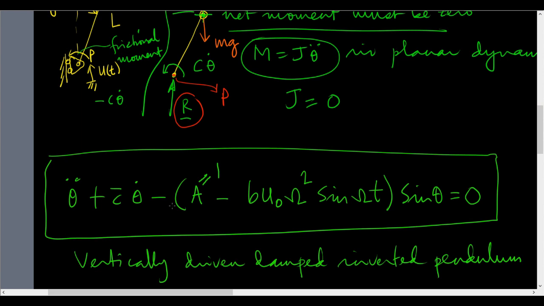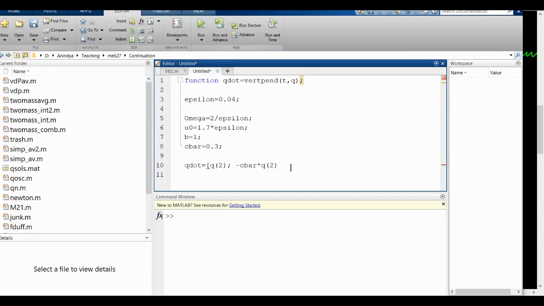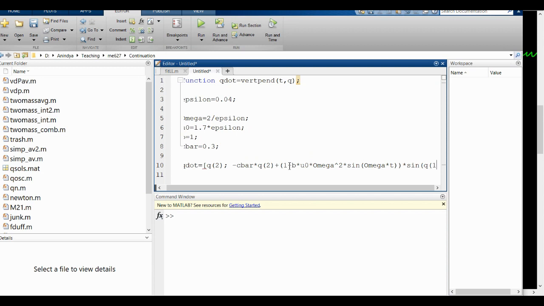So I'll have plus and then a minus b, right? So we'll come here, plus 1 minus b into u0 times omega square times the sine of omega times t times the sine of q1.